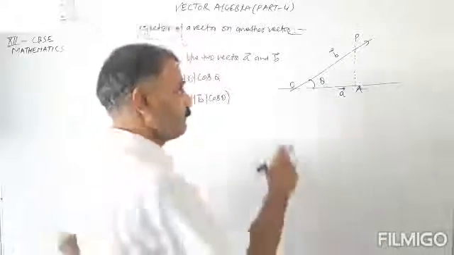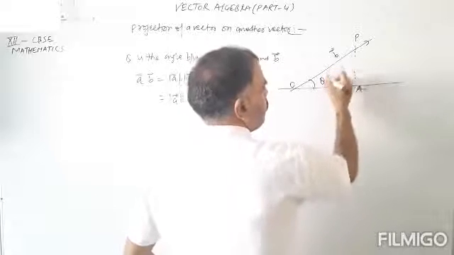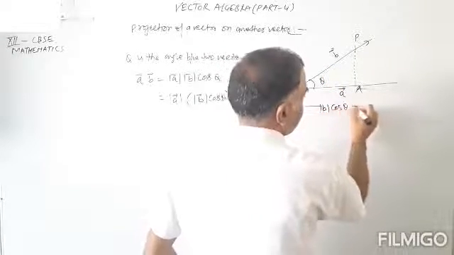So the projection of this B vector is magnitude of B vector cos of theta.